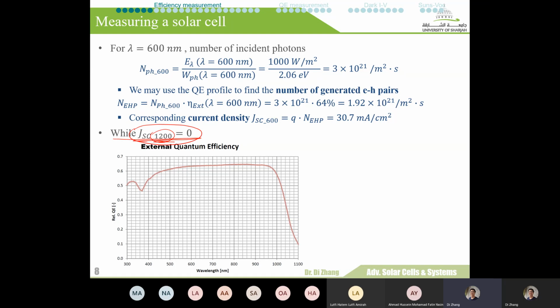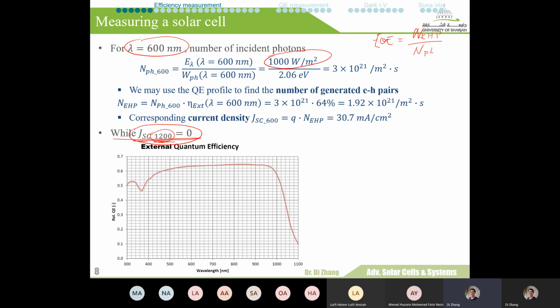Okay, what about the visible spectrum? What about the 600 nanometer spectrum? In that case, we can try to make use of the quantum efficiency concept we talked about in the last chapter. Suppose that in the 600 nanometer spectrum, we have precisely 1,000 watt per square meter irradiance. We know that the quantum efficiency EQE equals the number of electron and hole pairs divided by the number of photons.